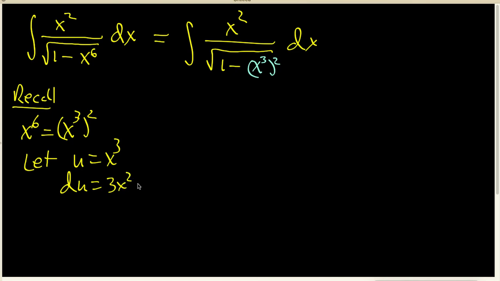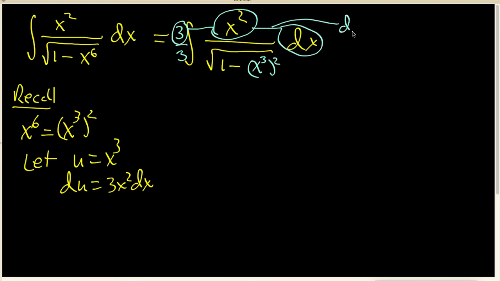Du is 3x squared dx. I will have to fix my integral up by multiplying it by 3 over 3. That top 3 comes in, gets married to that x squared and the dx, and these form a du.